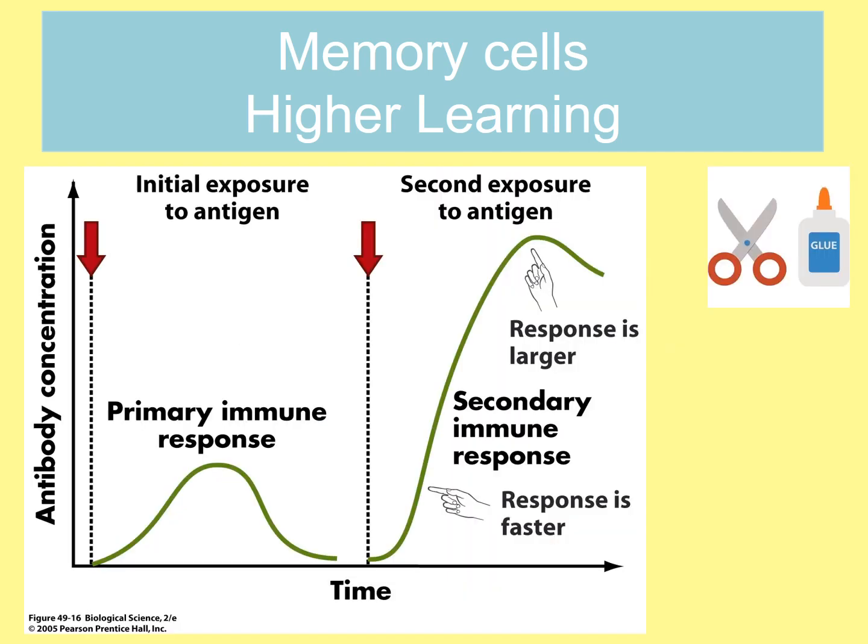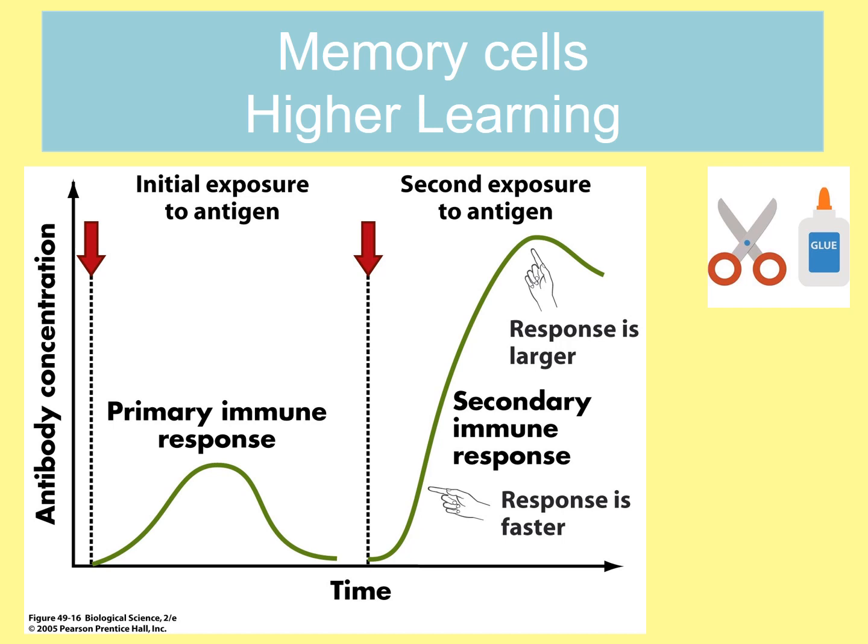Looking at the graph, when a person is infected by a disease-causing organism for the first instance, we call this the primary immune response, which you can see at the start of the graph. We can see that there is a bit of a latency period, so the initial exposure to the antigen leads to a very slow increase in antibody production. In that time, the person has often fallen ill.